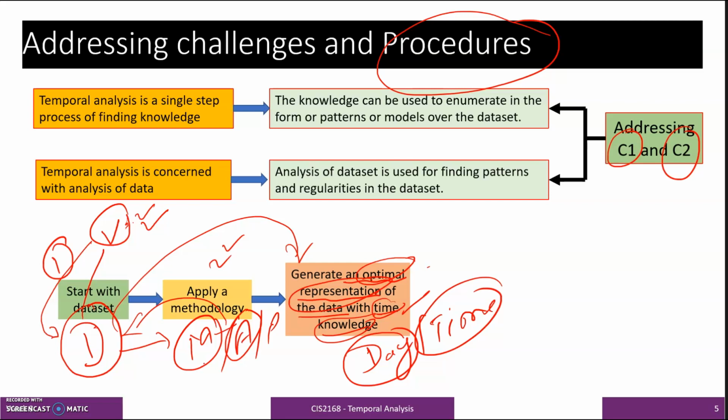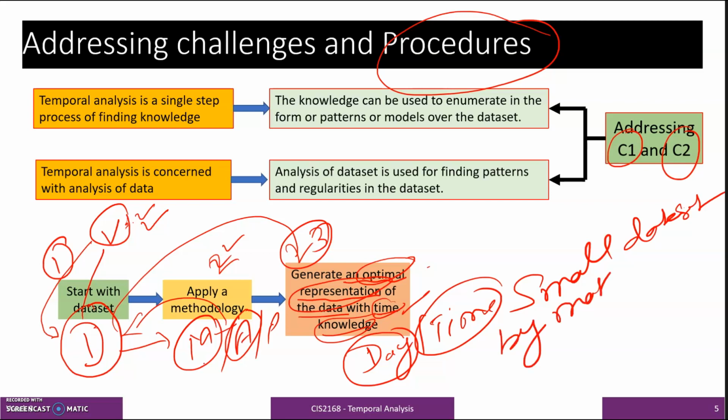So this 3-step process we will apply. This is step 2 and this is step number 3. This 3-step process we will apply for a small data set by making some assumptions.